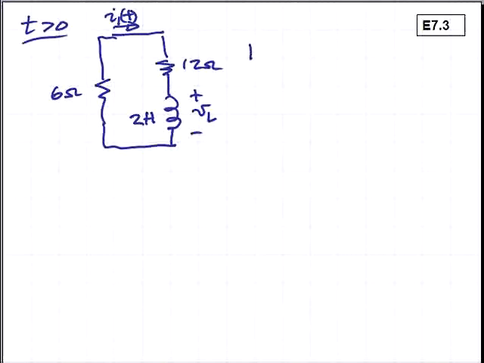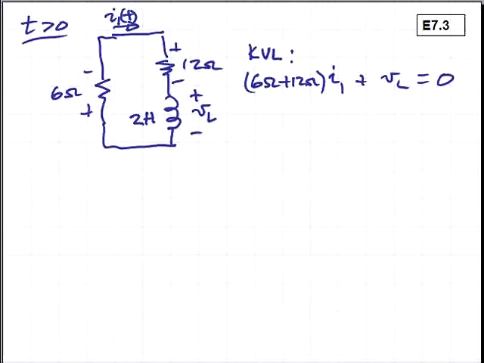So we can consider KVL around this closed path. We'll have induced voltages across the 2 resistors plus the inductor voltage to sum in this KVL equation. So we have 6 ohms plus 12 ohms times I1 plus V sub L sums to 0.